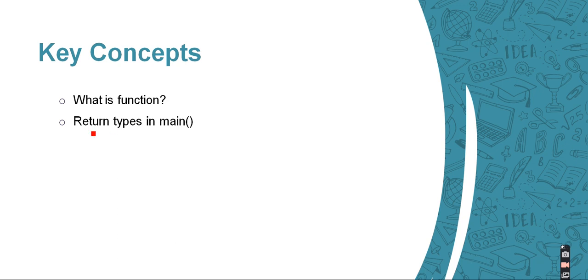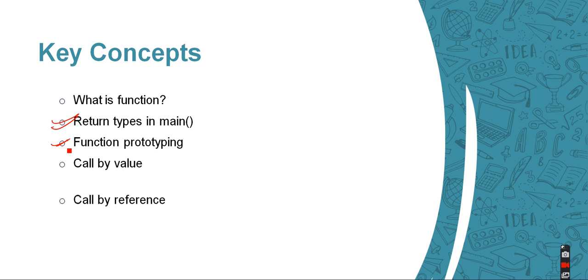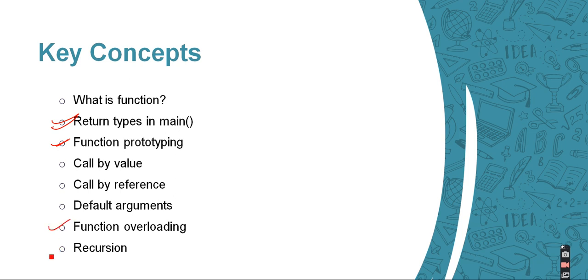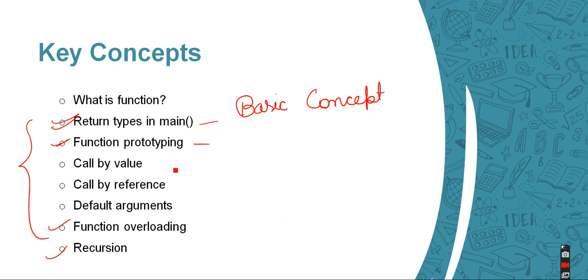Then we are going to look at the return type in main, then function prototyping, and then call by value, call by reference, default arguments, function overloading, and recursion. Just the basic concept of all these. We will cover these one by one in our different classes, but for the basic concept I am going to cover this in this class only.